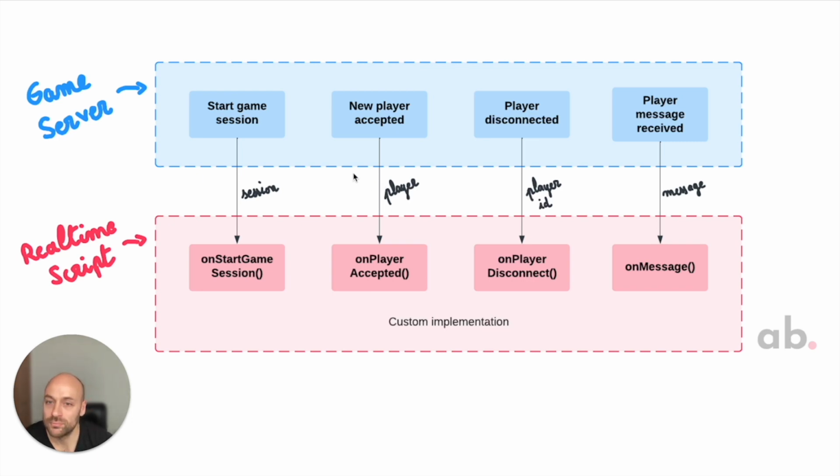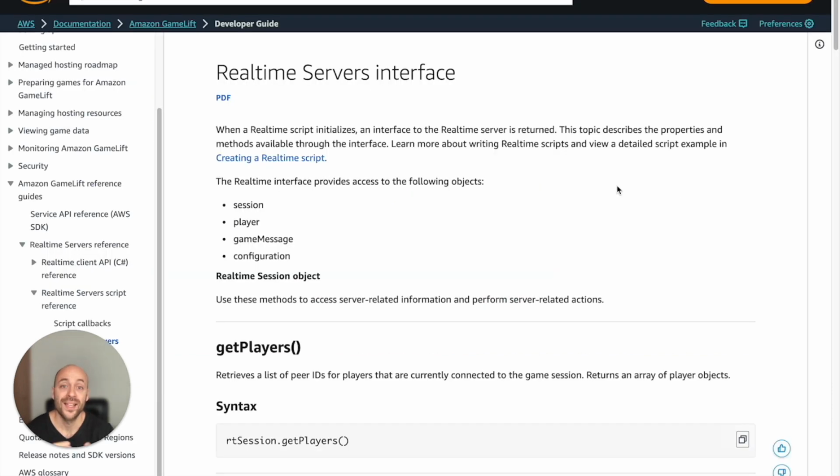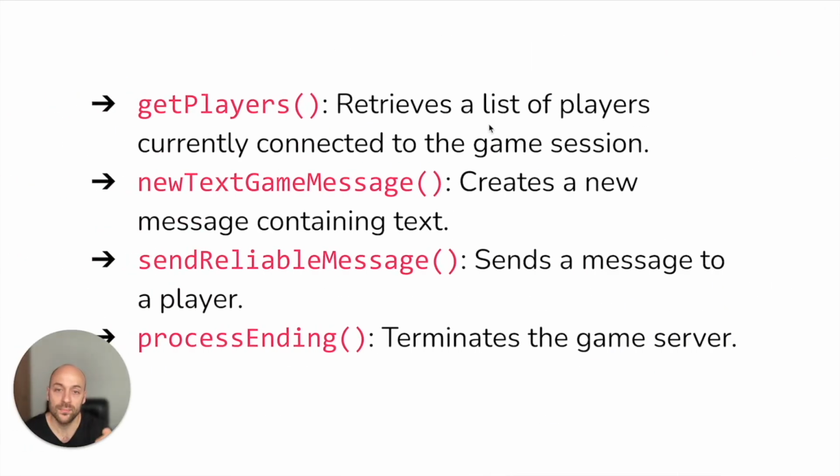When the game session starts, we receive a session object. This session object contains some interesting functions we can use. There are 14 functions available in the session object, all described in the Amazon GameLift documentation. In this slide, I'm showing the main ones.